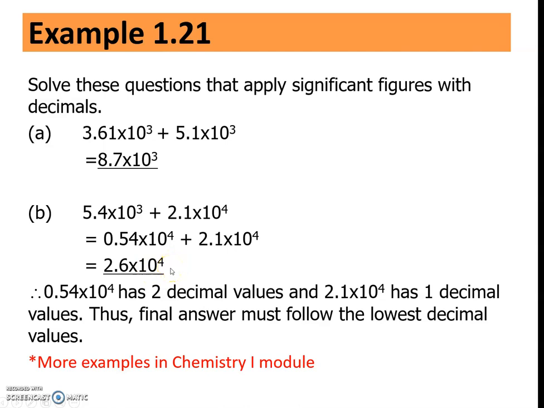Why is that so? Because this value has 2 decimal digits, and this value has 1 decimal digit. So your final answer must follow the lowest decimal value. That's why your final answer is 2.6 times 10 to the power of 4.